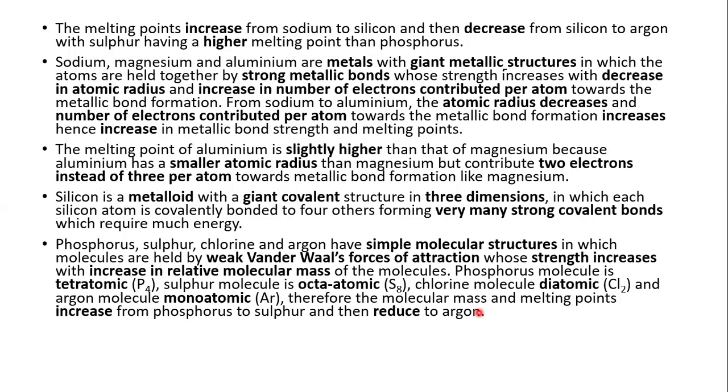It just needed you to know the structures, the type of bonding and factors that affect that bonding, or if they are forming simple molecular structures. All these structures are held by forces of attraction, and the strength increases with increasing molecular mass.